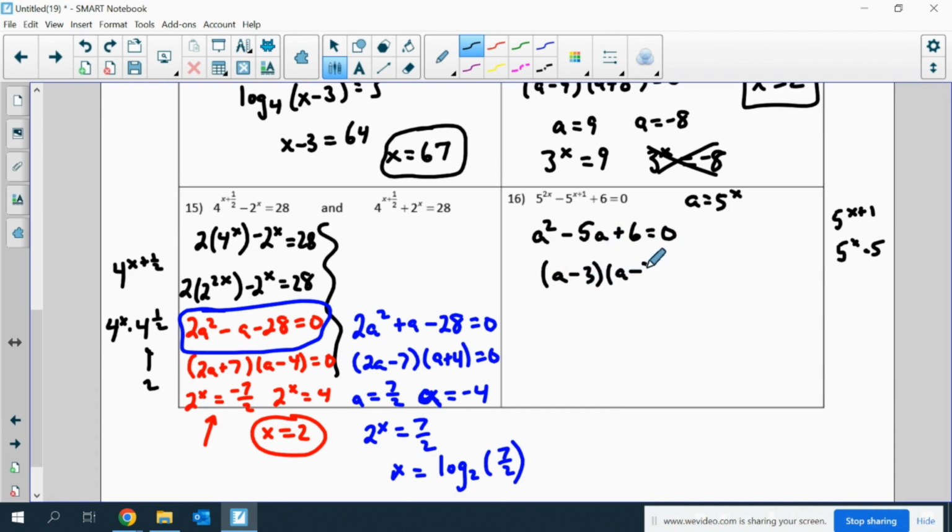So when I factor this, I get a minus 3 and a minus 2. So a, which is 5 to the x, equals 3, and 5 to the x equals 2. So x equals log base 5 of 3, and x equals log base 5 of 2.